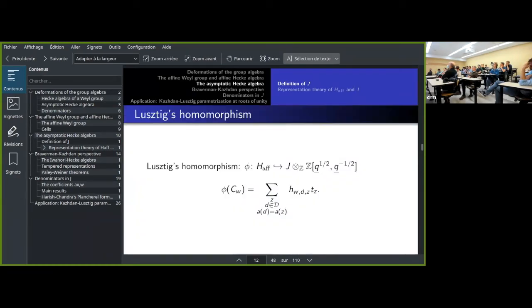The last major definition we need is Lusztig's homomorphism, defined using the structure constants from multiplying against distinguished involutions, where you throw away everything that doesn't land in the same a value as your distinguished involution. This is injective, and its specialization is injective for all non-zero complex numbers.